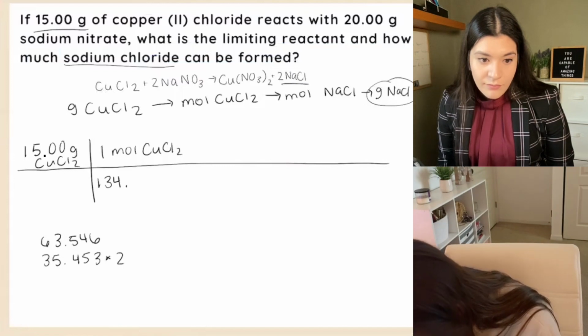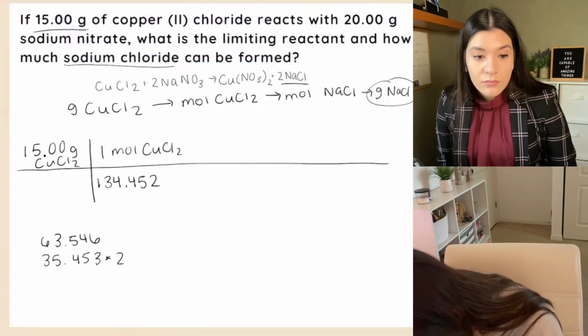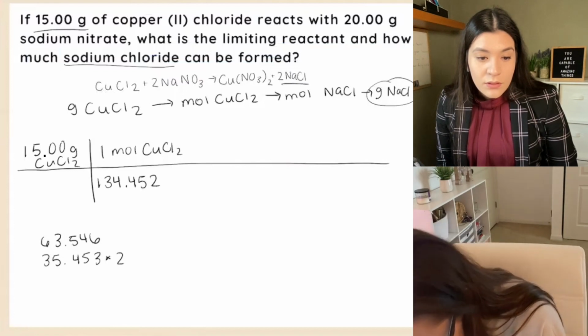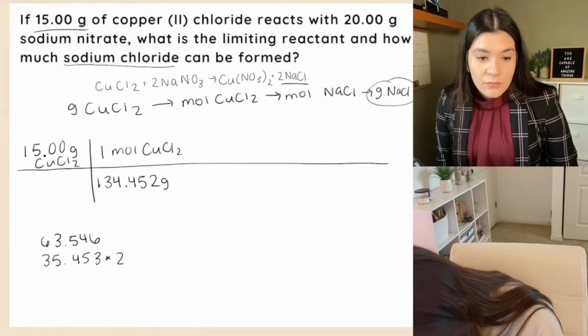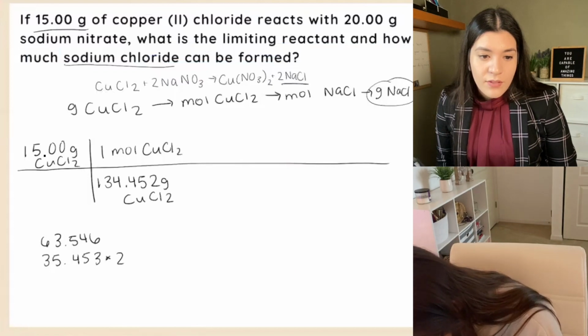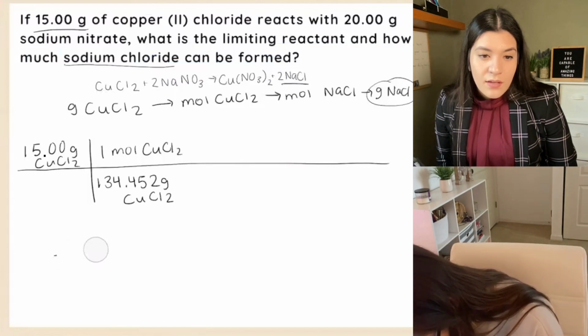Do I write the whole thing out? Yes, you do. You don't round. Okay. So there's that, and this is going to be our grams of copper chloride. Perfect. All right, cool.